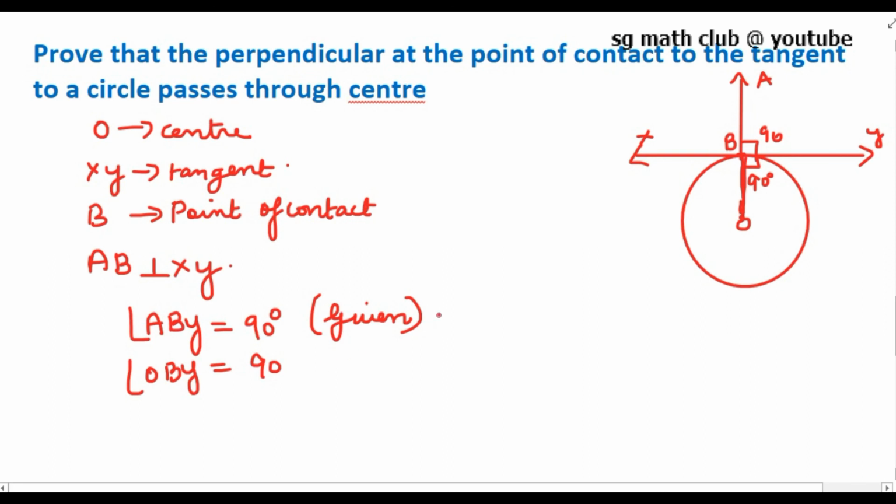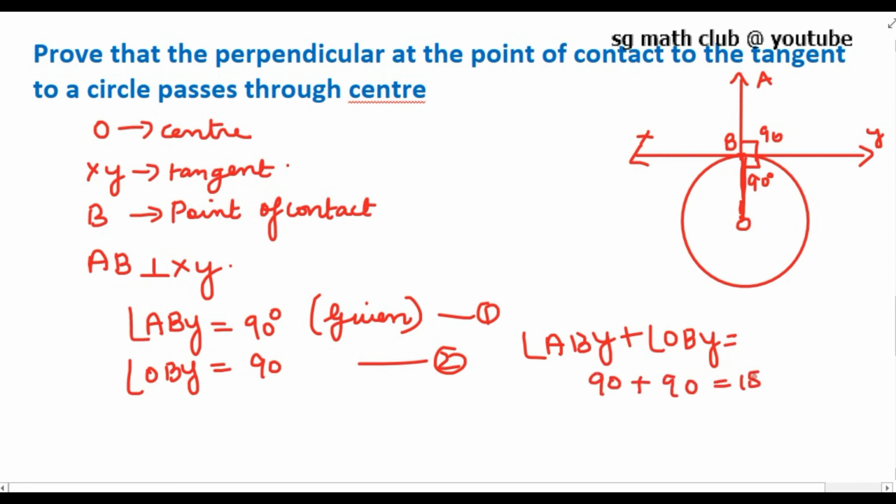Now I am going to add equation 1 and equation 2. So angle ABY plus angle OBY is equal to 90 plus 90, which is equal to 180 degrees.